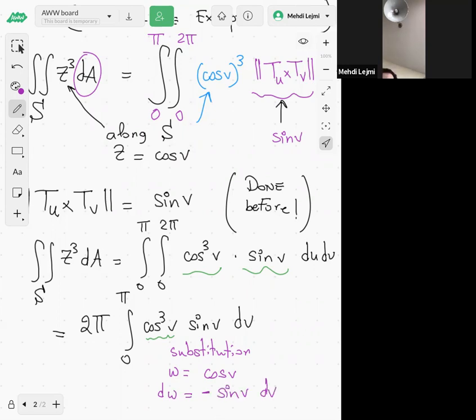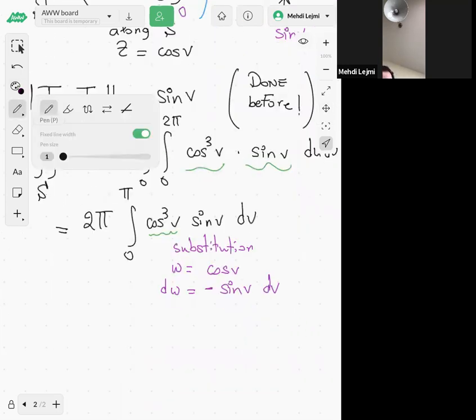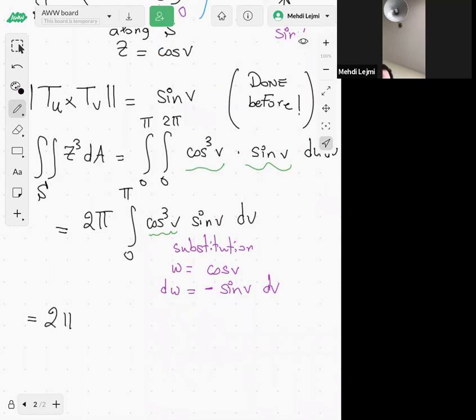So the integral would be 2 pi times minus cosine to the power 4 of v over 4, evaluated between 0 and pi. Cosine of pi is -1, so this gives minus 1/4 plus 1/4, which is 0. So the answer here would be 0. Final answer.